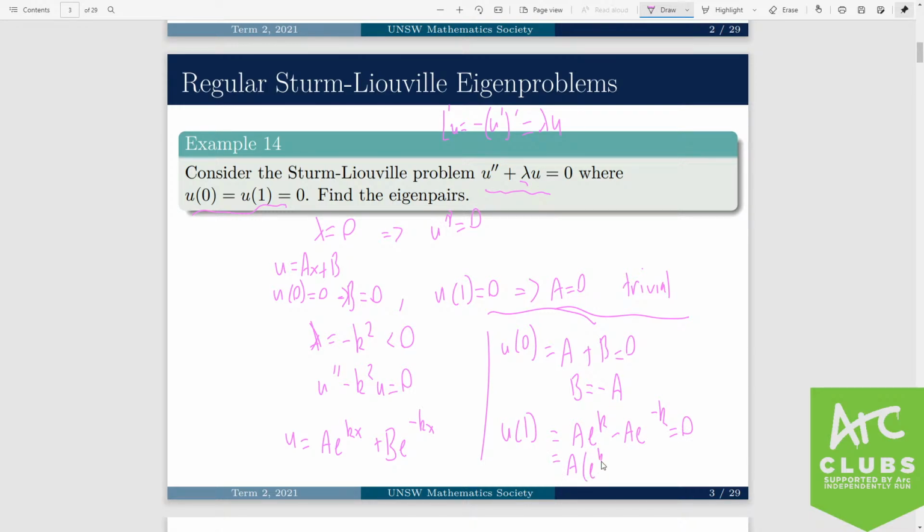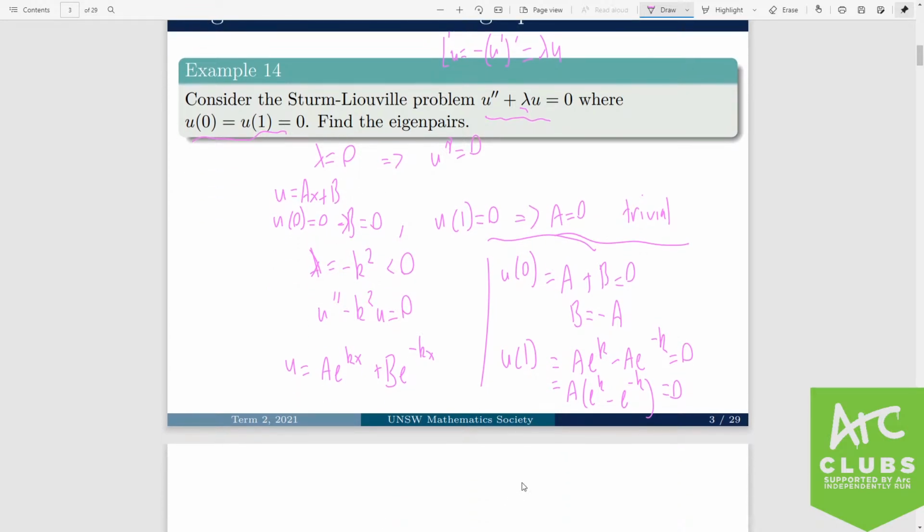Factoring that becomes e to the k minus e to the minus k equals 0. So either a equals 0 and b equals 0, and that means we have a trivial solution, or we have k equals 0, and then this becomes 0. But if k equals 0, then since lambda equals minus k squared, lambda equals 0, and that was our first case. So again, this forms a trivial solution.